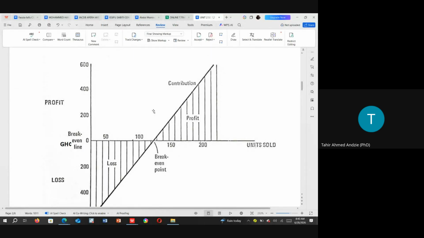But this time, because it's a profit volume chart, the Y axis uses both the negative and positive aspects, because at output 0, fixed costs have been incurred. And so if no sales have been made, our total loss is the fixed cost. So we are using the negative and positive on the Y axis.